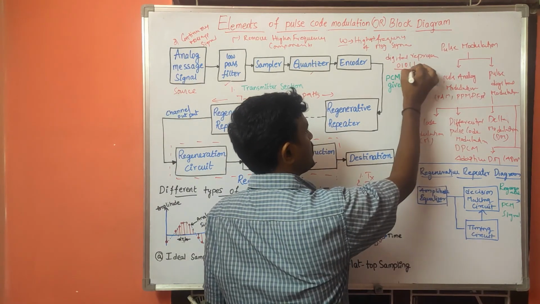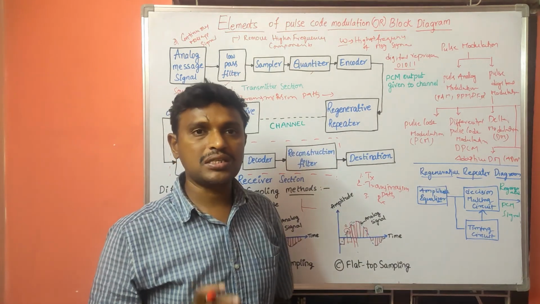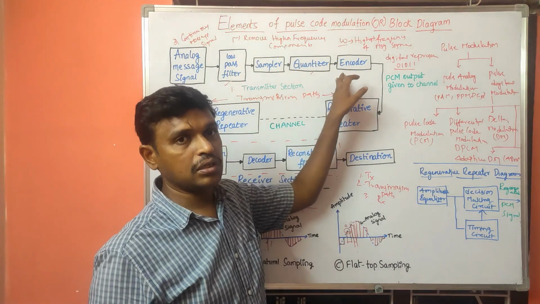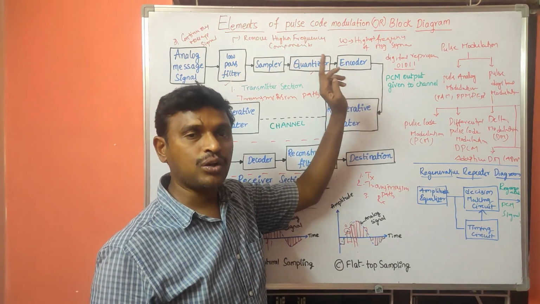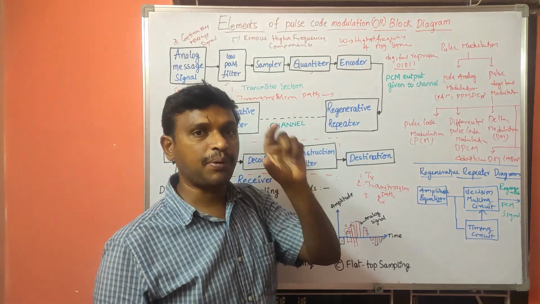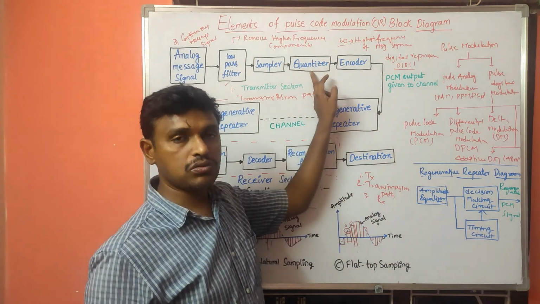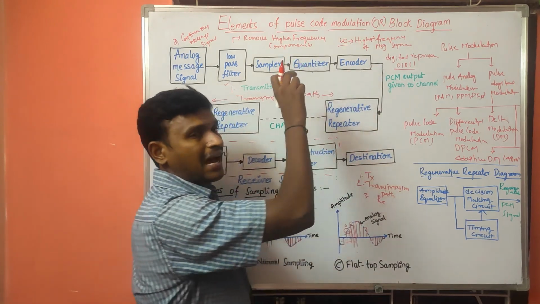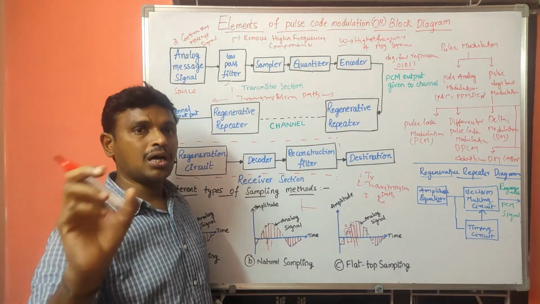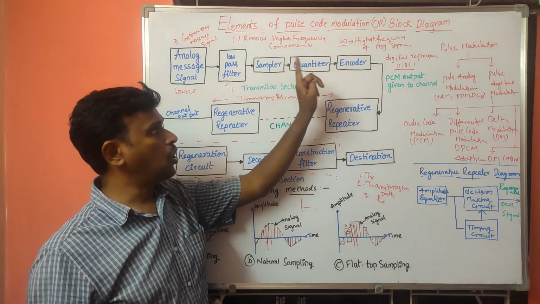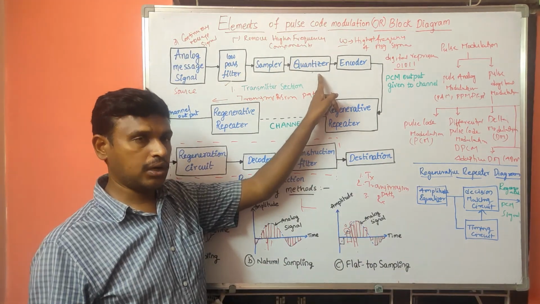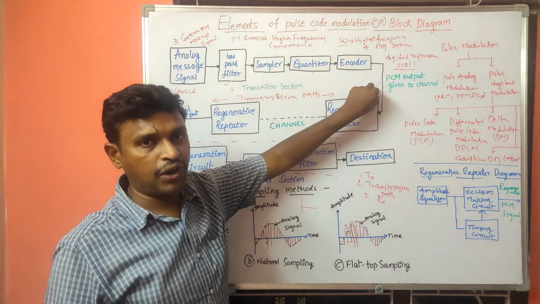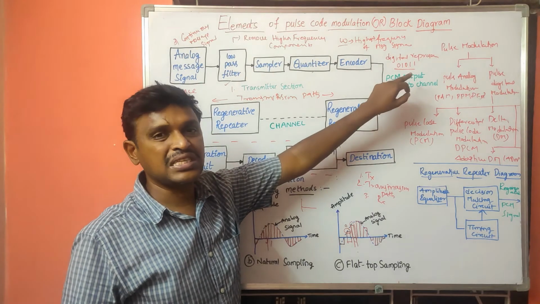It assigns digital values, or binary values. The output of the quantizer is given to the encoder, and the encoder will provide the binary codes of the quantizer output. This output of the encoder we call the PCM output.